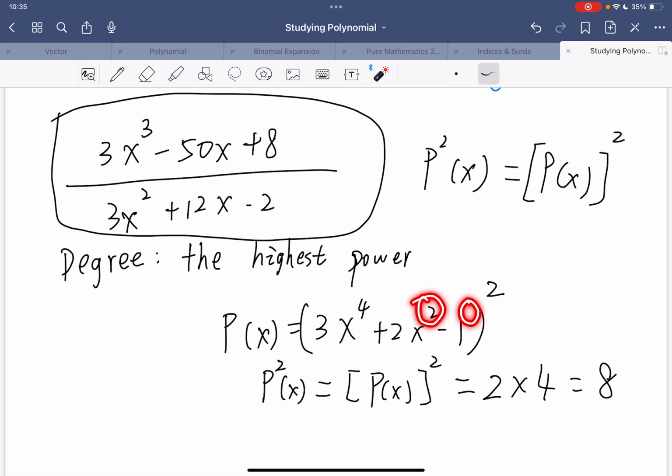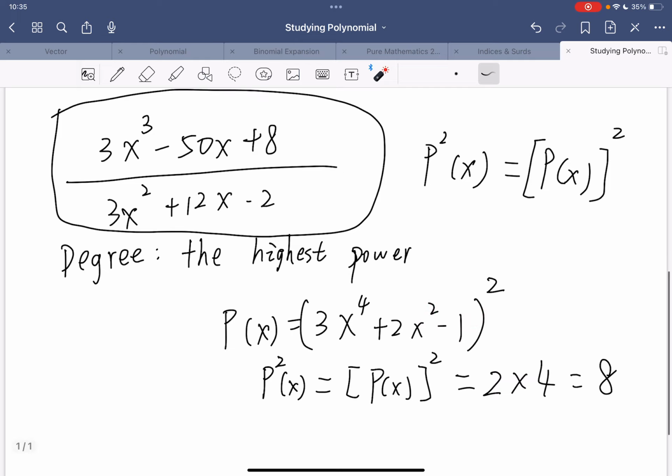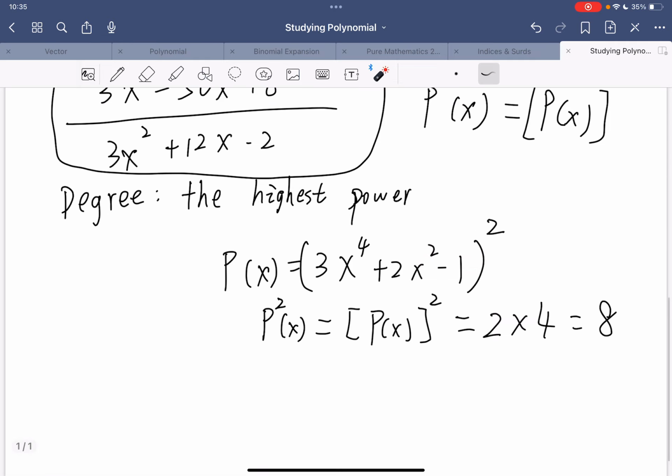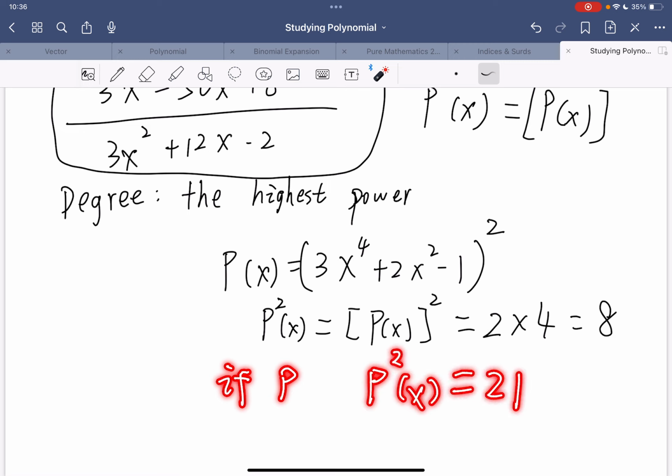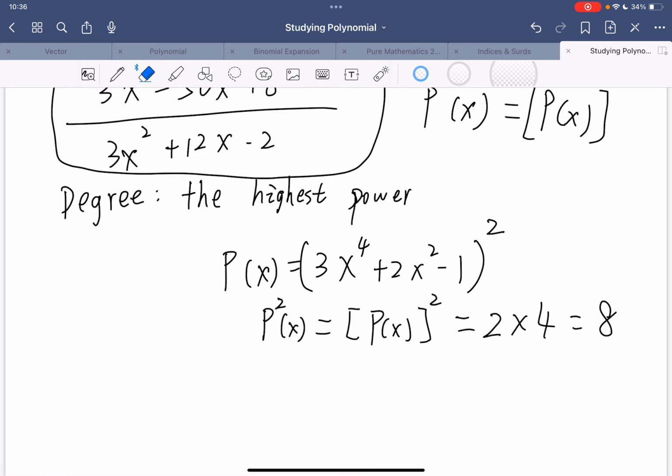We only want to find the highest power. So the conclusion is that if p is the degree, then squaring gives 2p. In this case, p equals 4, so the new degree equals 8. Simple as that.